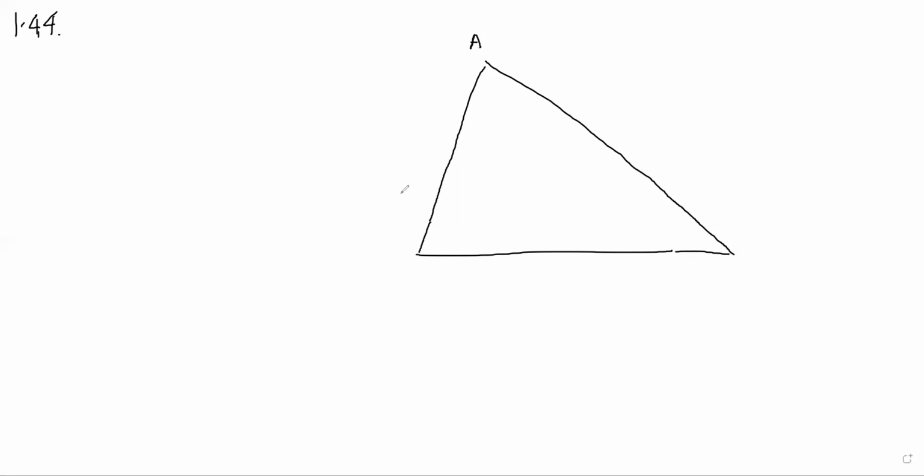A, B, C. Acute triangle, BE and CF altitudes, and denote by M the midpoint of BC. Midpoint of BC is here M. Okay.